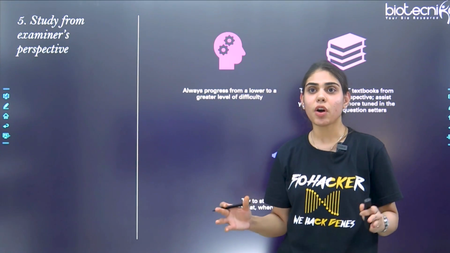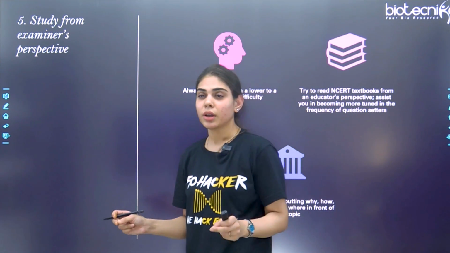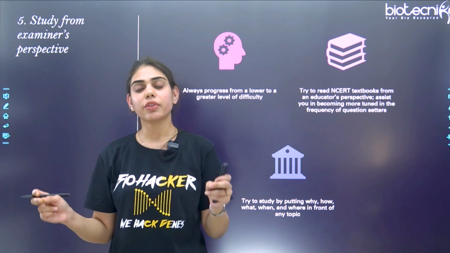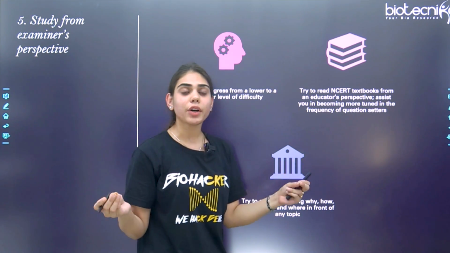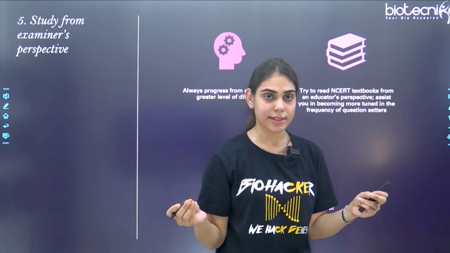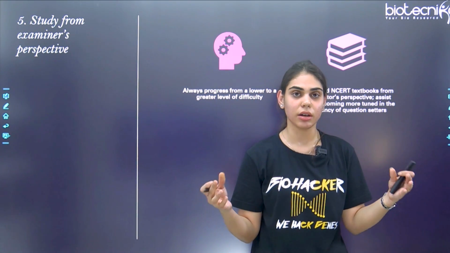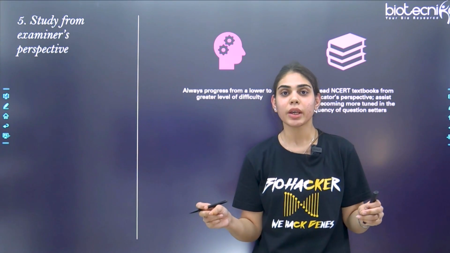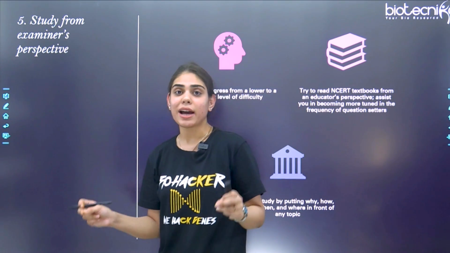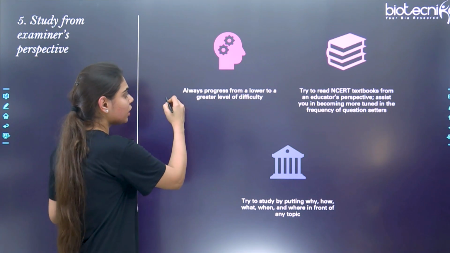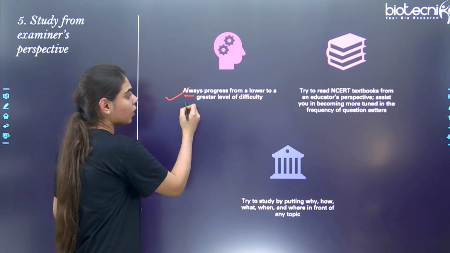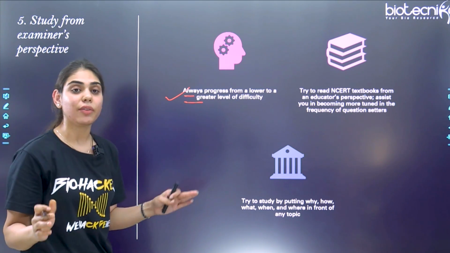So study from the examiner's perspective, because it will be very helpful for you to stay tuned with what questions will be asked in the exam, from the examiner's point of view, because it will help you to match the frequency with the exam setter. So always progress from a lower topic to a greater level of difficulty.